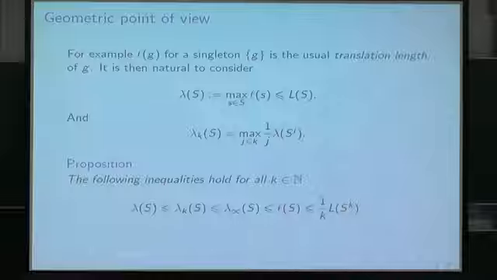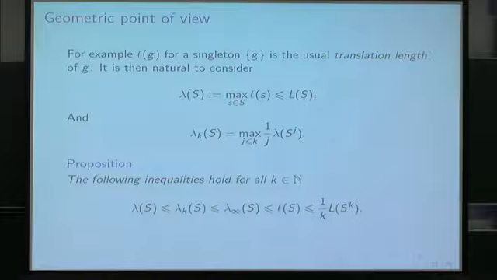There are some obvious inequalities: it is less than capital L of S, the joint minimal displacement. Because I don't want to look just at the elements of S, but also allow short words in the elements of S, I also look at lambda sub k of S, which is this. We normalize by 1 over j to make it homogeneous and uniform.